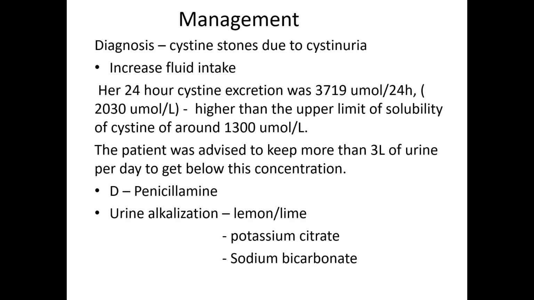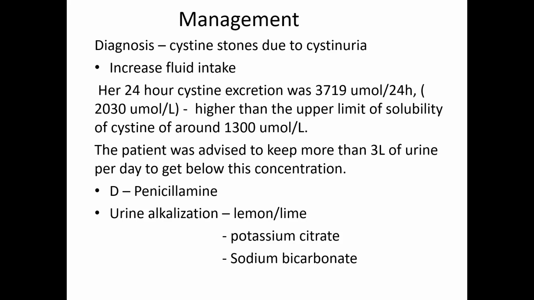So a diagnosis of cystine stones due to cystinuria was made, and cystine stones are also very amenable to medical treatment. Maintaining urine pH between 6.5 and 7 is very important, because like uric acid stone, cystine also precipitates with low urinary pH, and increased fluid intake is also very important in managing cystinuria patients.